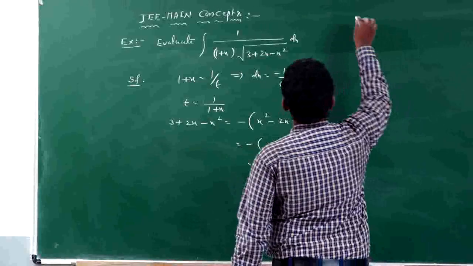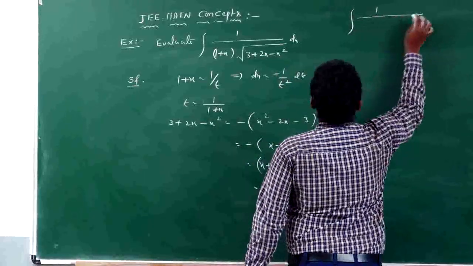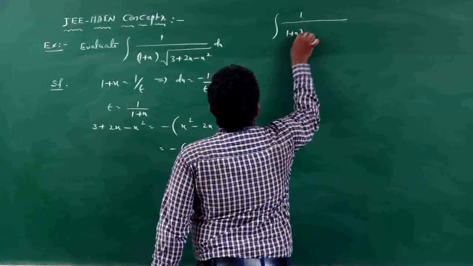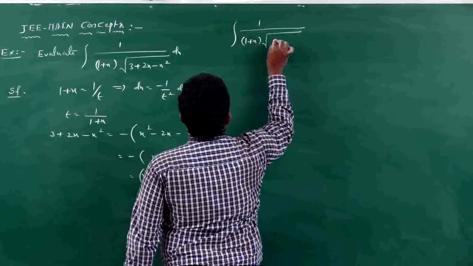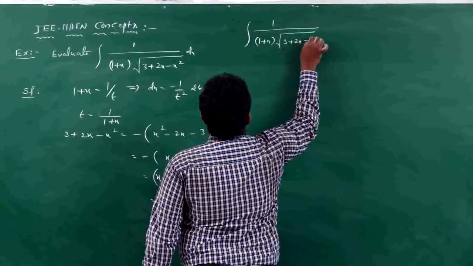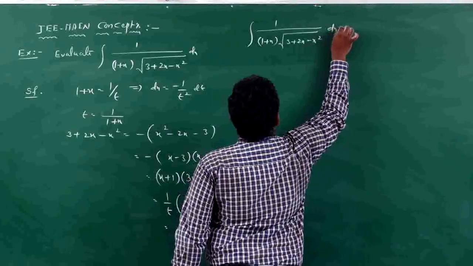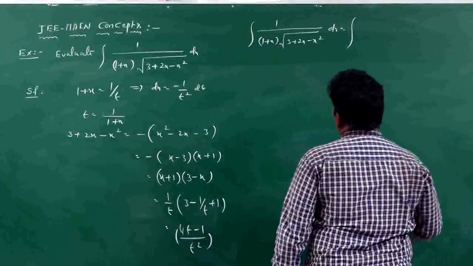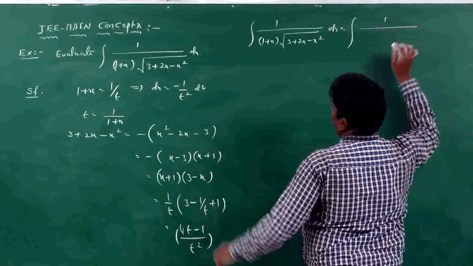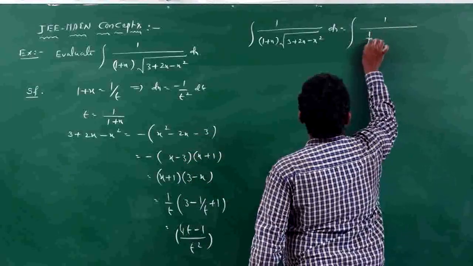Now we substitute this value in the integral. Integral of 1 by (1 plus x) into square root of 3 plus 2x minus x square dx is equal to integral, where 1 by 1 plus x is equal to 1 by t.